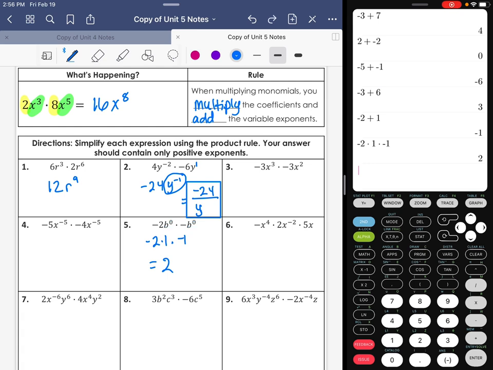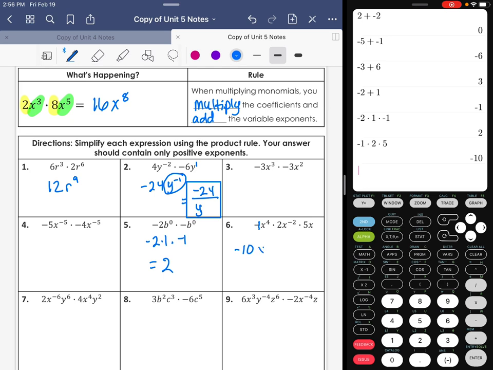All right, let's look at number 6. So number 6 has a negative x. Well, what that really means is the coefficient is negative 1. So what we're really doing in the coefficient step is negative 1 times 2 times 5. So you're just looking at these big whole numbers. So that's negative 10.